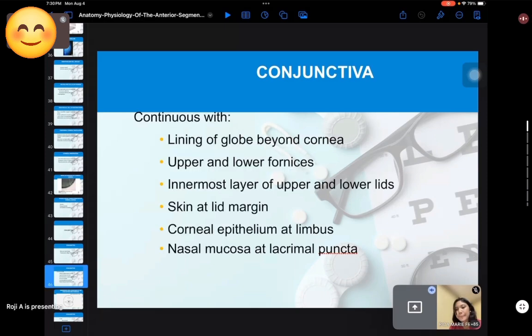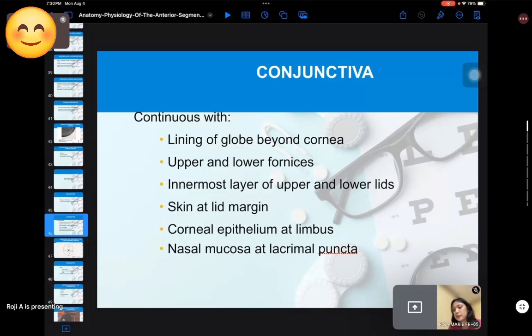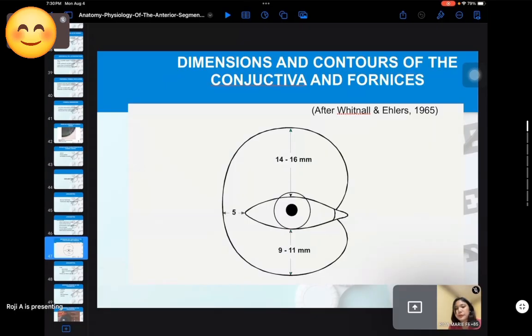Good. All right, the conjunctiva continues with the lining of the globe beyond the cornea, upper and lower fornices. That's why you would notice it continues to the lid. Skin at the lid margin, corneal epithelium at the limbus, and the nasal mucosa at the lacrimal puncta. So this is how it looks like.